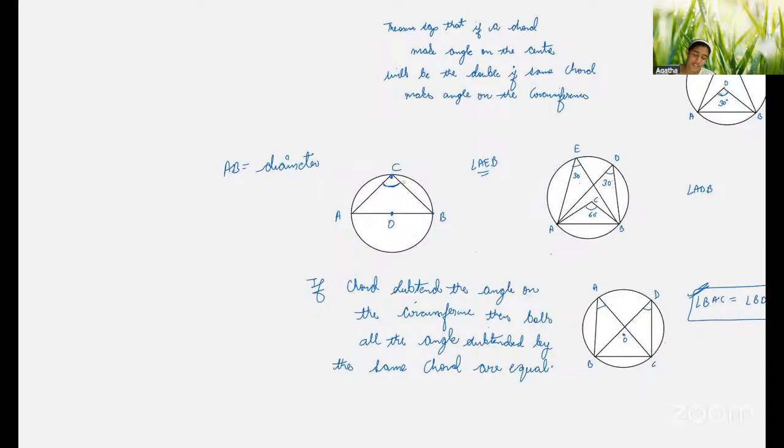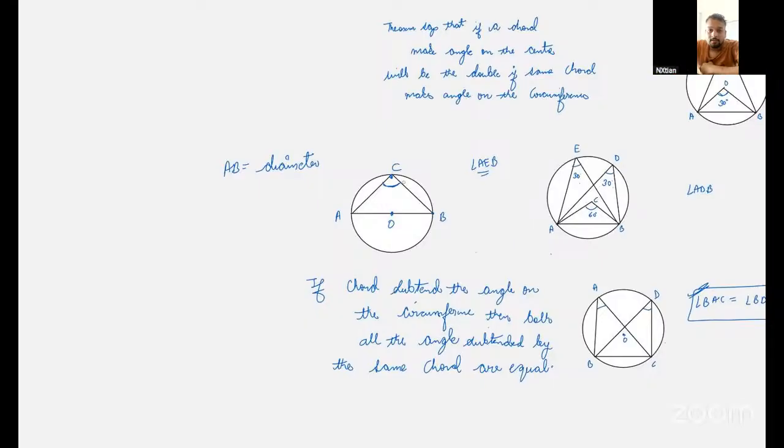But sir, what is the meaning of her reason? See, in a circle, the diameter is the longest, no? And ACB is a triangle.